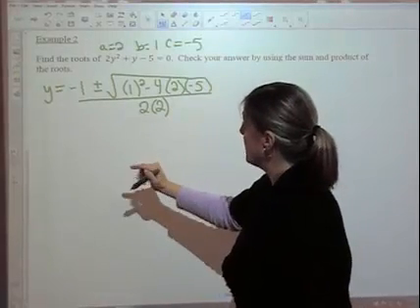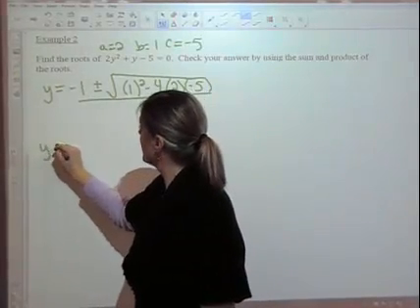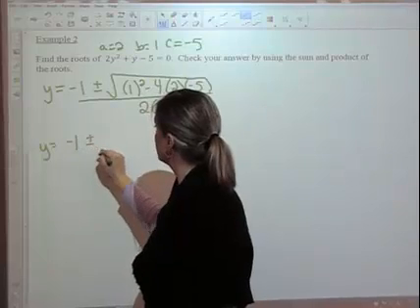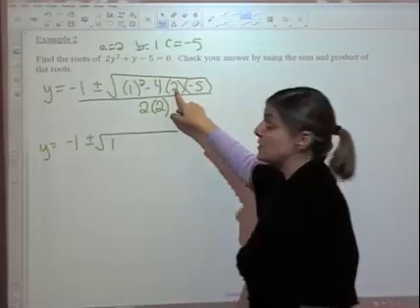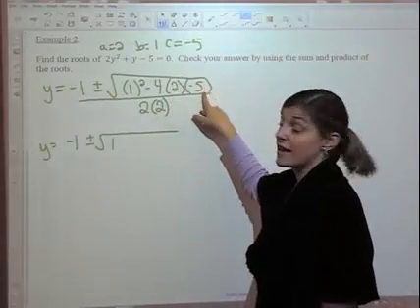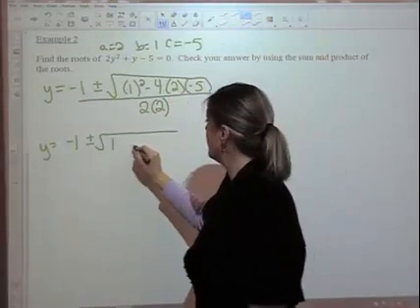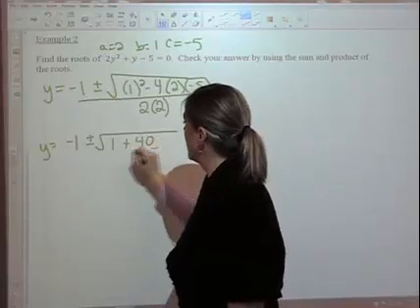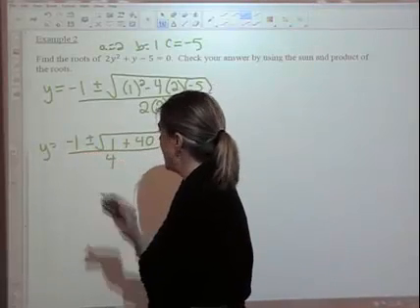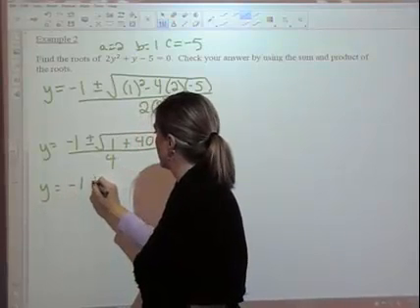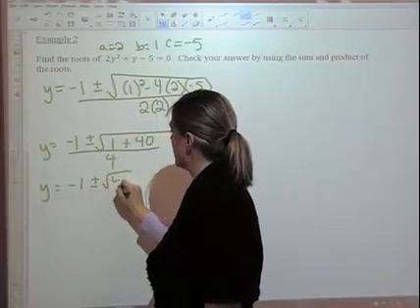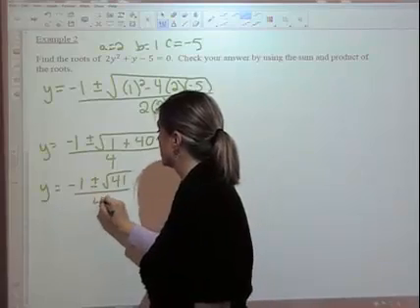So then we simplify this. So y equals negative 1 plus or minus. Let's see, that's going to be 1. Negative 4 times 2 is negative 8. Times negative 5 gives us positive 40. And all over 4. And let's just simplify that a little bit further. And that becomes the square root of 41 all over 4.